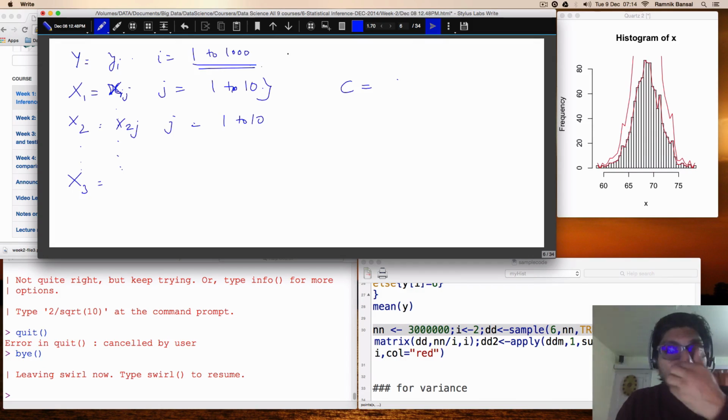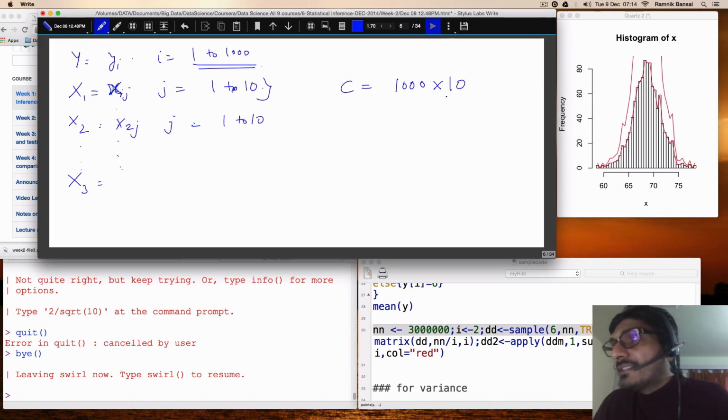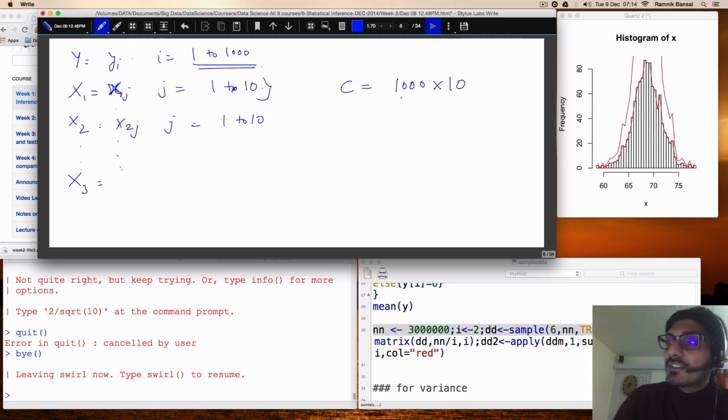So I'm replacing my set of values. In that case it will straight away be 1000 to the power 10. In case I'm not replacing, then C would be equal to 1000 C 10. Is this clear?